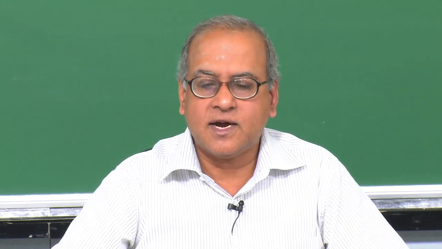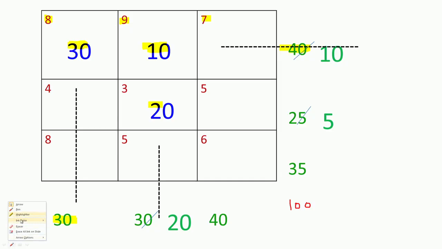Now, again we look at the top left hand corner. This is the area that is remaining, and the top left hand corner is actually this position. Once we identify this position, we realize that 5 is available and 40 is required.